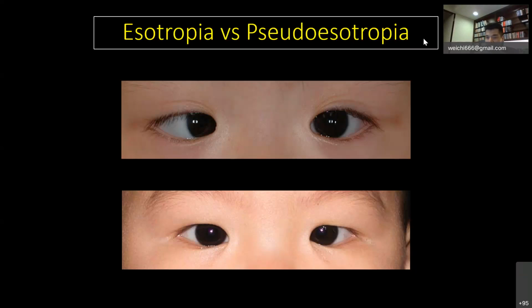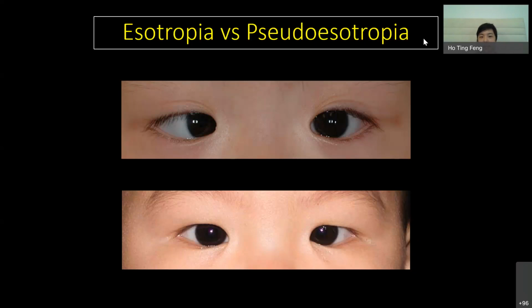What's your judgment? The bottom one seems to be the pseudo esotropia, I think. And the top one seems to be the esotropia for me. Okay, correct. How did you judge? It seems like the deviation of the right eye in the top picture is more deviated compared to the left eye.